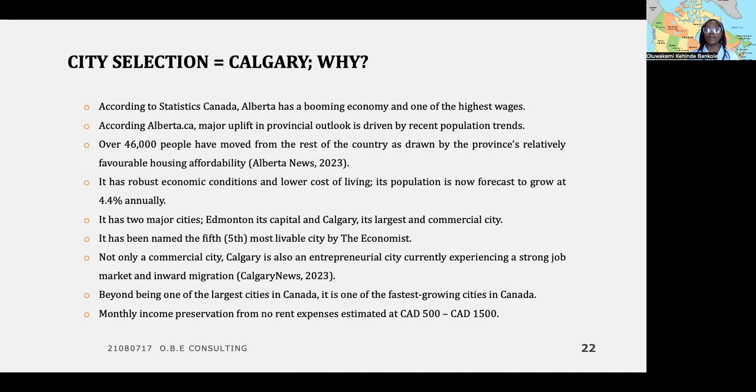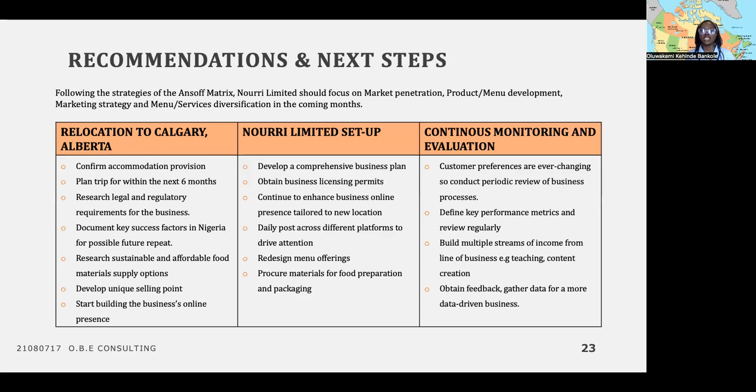According to Alberta News, in this year, 2023, about 46,000 people have moved from other parts of the country into Alberta because of its robust economic conditions and the opportunities it presents, which are very comparable to what is obtainable in Toronto.